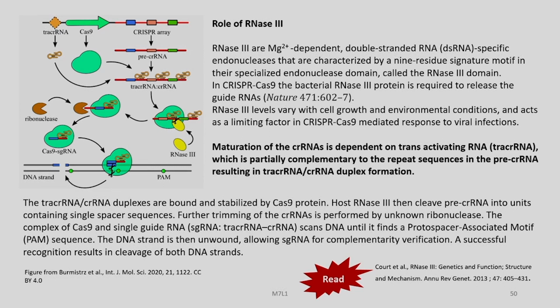The duplexes are bound and stabilized by the Cas9 protein. Host RNase 3 then cleaves pre-CRISPR RNA into units containing single spacer sequences. Further trimming of the CRISPR RNA is performed by an unknown endonuclease, as we have shown here and also discussed in the earlier slide.